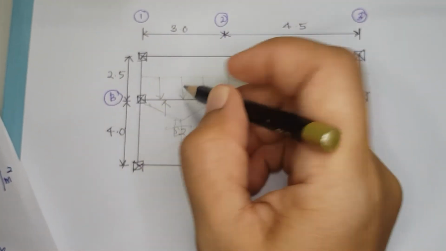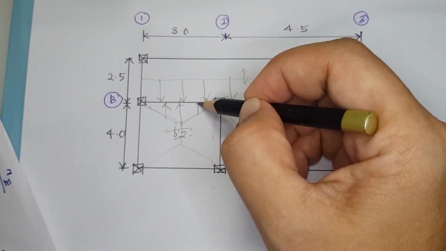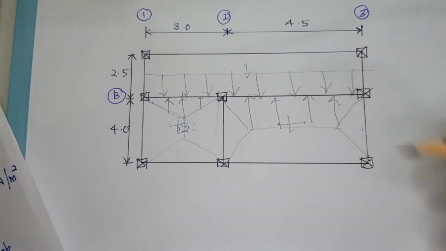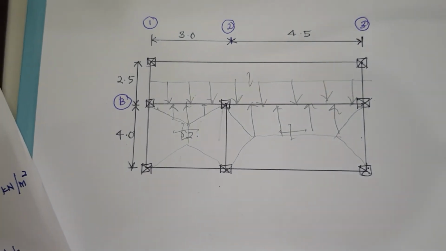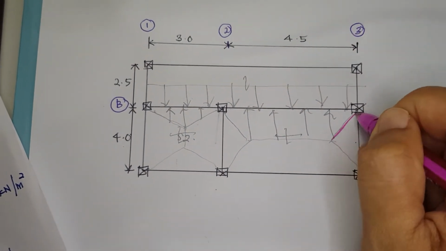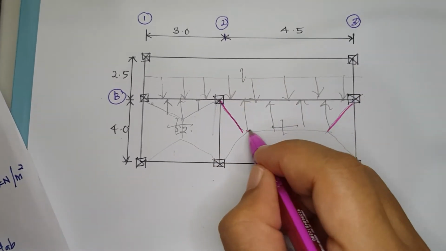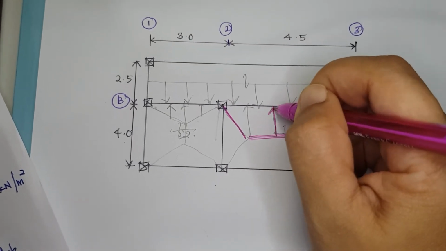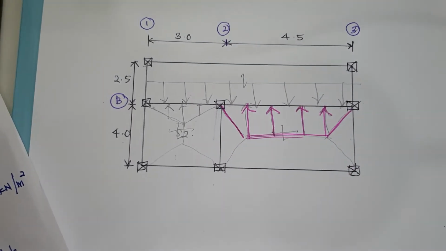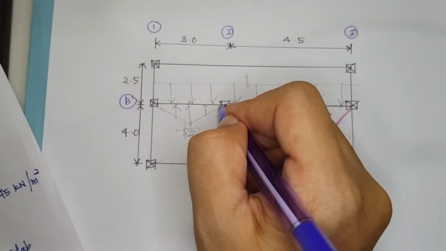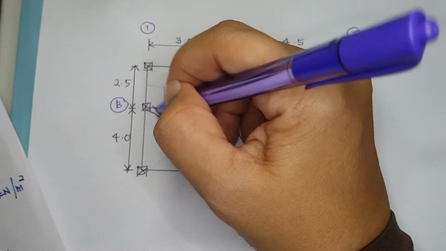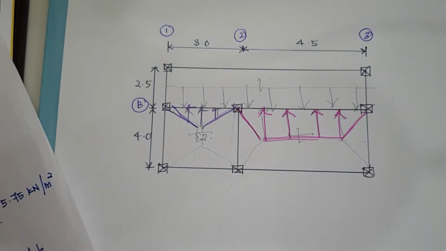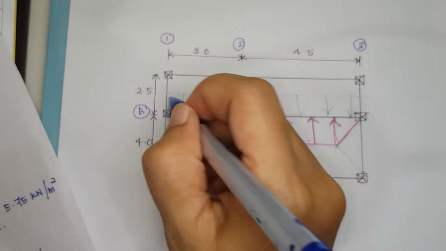So this is the distribution. This is slab number 3. This is slab number 2. And slab number 1.